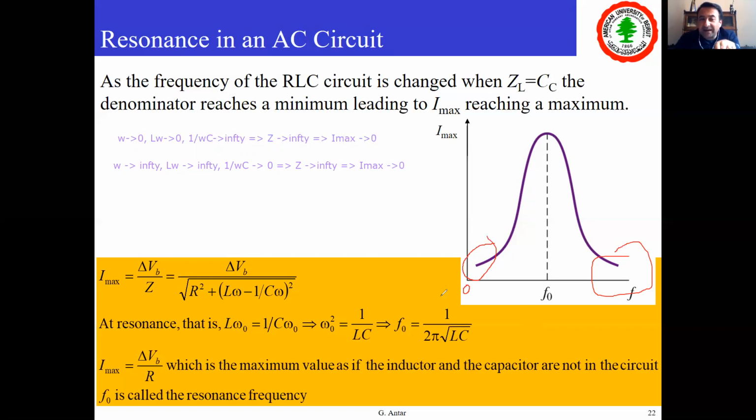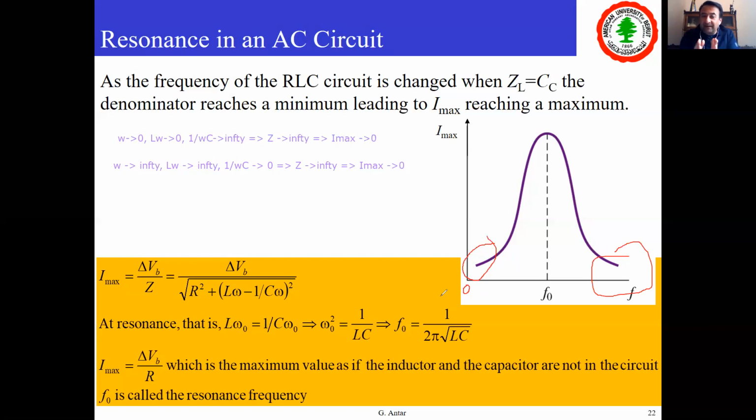And the only place where Z is minimum is when L omega is equal to 1 over omega C. Otherwise, since it's squared, if L omega is either smaller or greater than 1 over omega C, it will contribute because it's (L omega minus 1 over omega C) squared, and my Z will be greater.